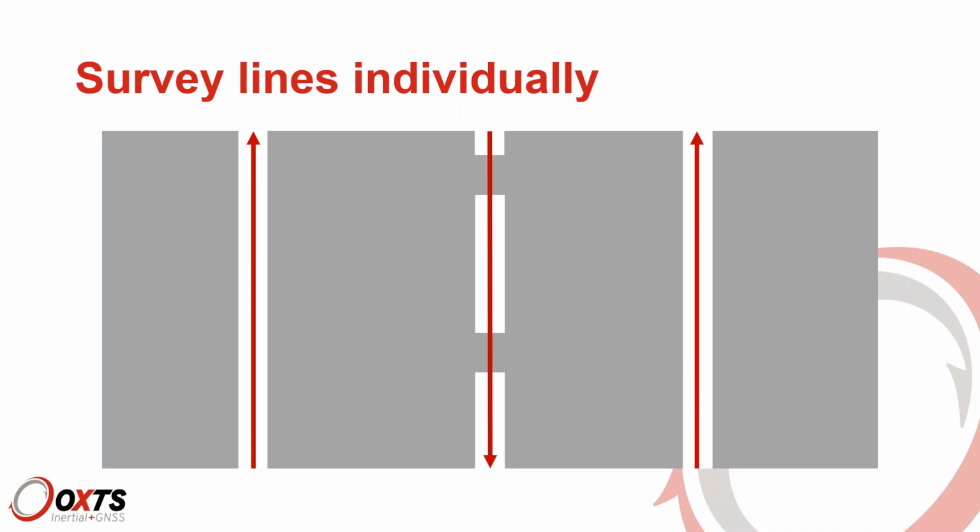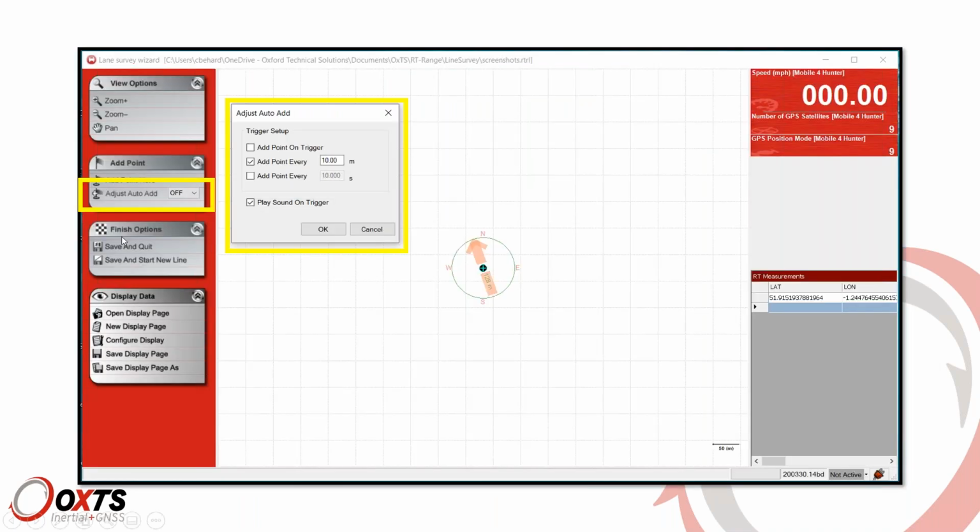So the important thing to note here is if you had a few lanes that you wanted to survey, you have to survey each line individually in the software. So you would open the software, survey the first line, and then once you'd reached the end of the first line, you would use the finish options, save and start new line.